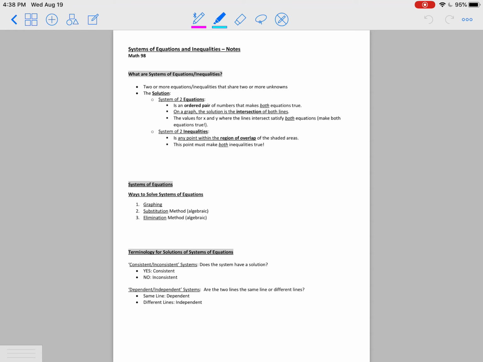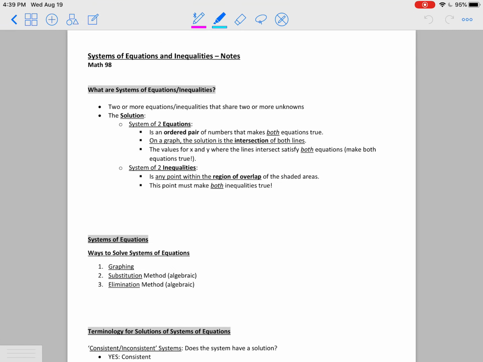All right, so let's take a look at this page here, which is just some notes, some background information about systems. So let's talk a little bit first about what exactly is a system of equations or inequalities. The word system means that we've got two or more.